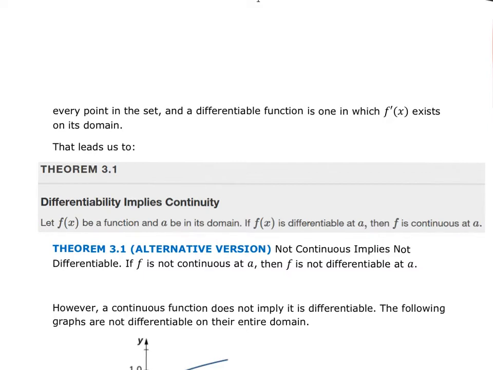When I'm talking about continuity, I'm talking about on its domain. So if it is differentiable on its domain, it is continuous on its domain. If it's not continuous on its domain, it means it's not differentiable. Now here's the kicker. It can be continuous, but that does not mean I get differentiability.